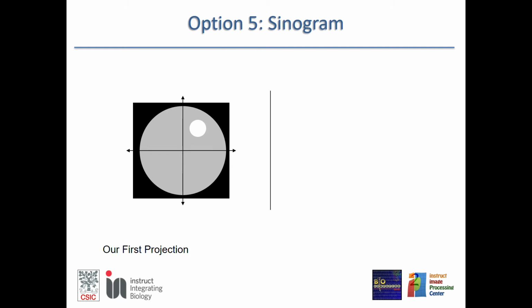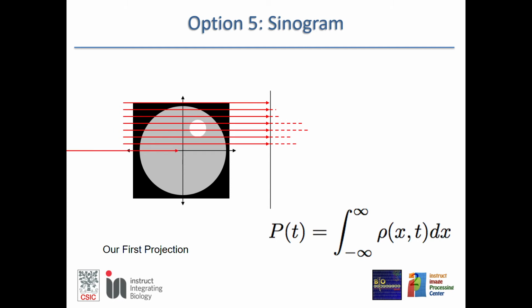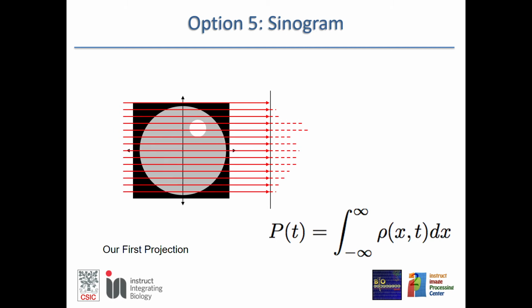So for doing that, what we will do is to integrate our image. Let's say that we have this image and we want to integrate it along a particular direction. So you take all the lines that go through your image and compute the integral of the image along these paths.